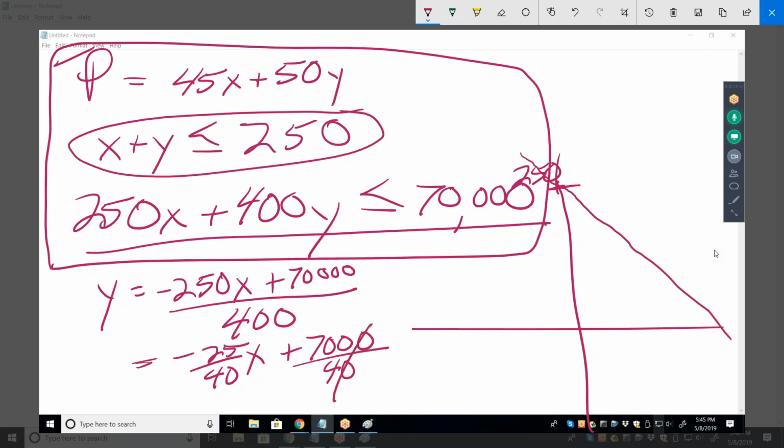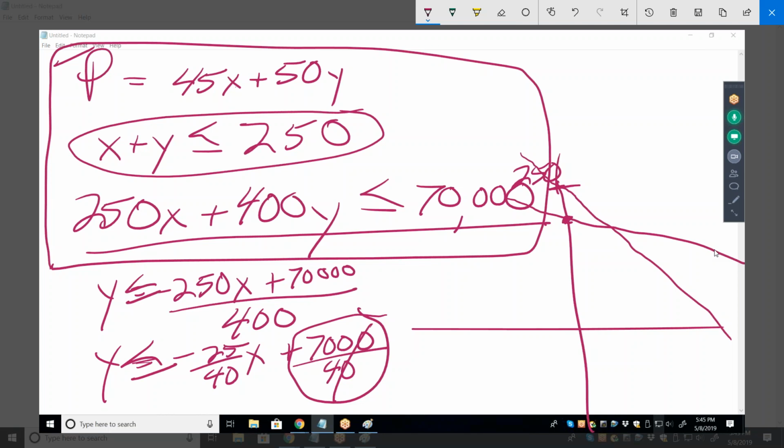So that goes through the point 175. The y-intercept is 175. A little bit of a flatter slope. We're going to draw that slope like this. And its y is less than or equal to that.